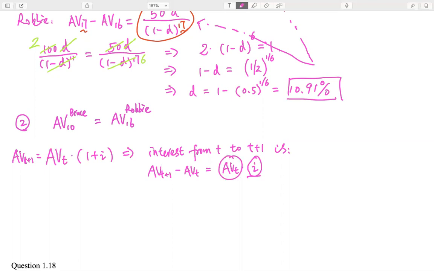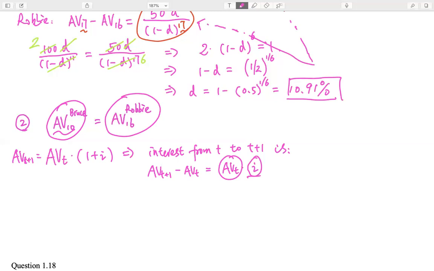Of course, they are at a different time. So I'm talking about the 11th year for Blues and the 17th year for Lobby. That means at the beginning of that year, or by the end of the previous year, they should have exactly the same amount in their account. Then over the next year, they're going to earn the same interest.